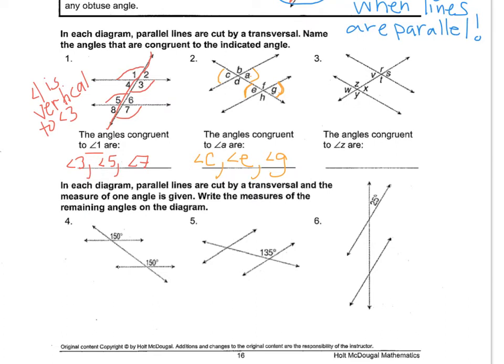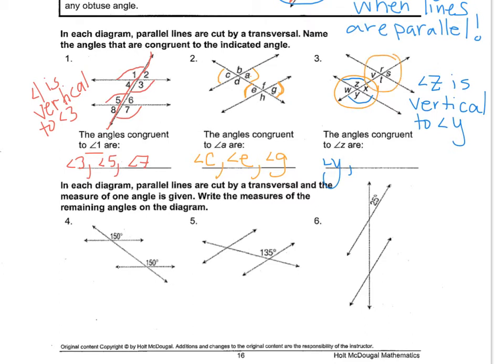All right, one more time. Let's find congruent angles. This time we're looking at Z. Angle Z is vertical to angle Y. So I know right off the bat that angle Y is going to be congruent because I know vertical angles are congruent. Now if I cut this intersection and I shift it down, it's going to be exactly the same.